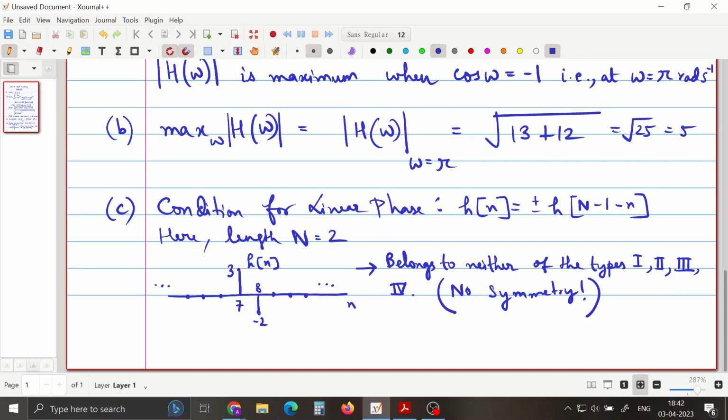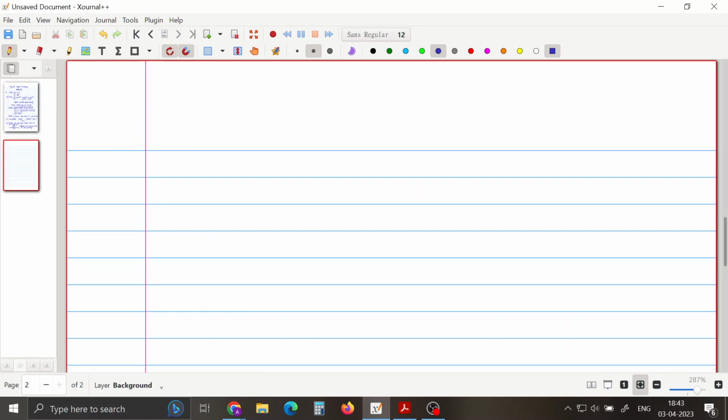But the standard way is to actually check the condition which I wrote here, h of n equals plus or minus h of capital N minus 1 minus n. You check if this condition is numerically satisfied or not. So let's do that. We need to check if this condition is true for n equals 7 and n equals 8.